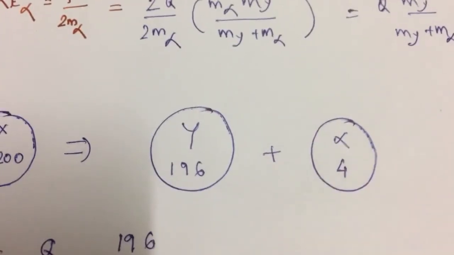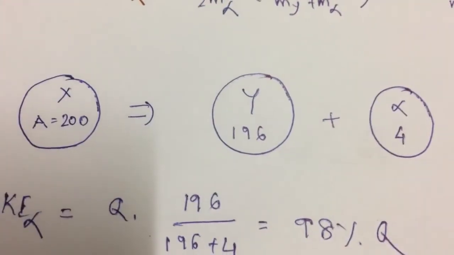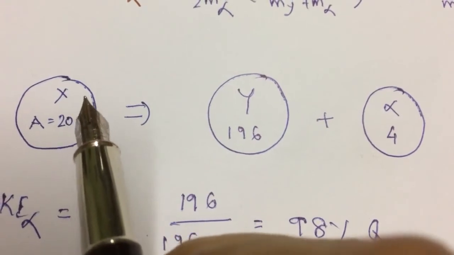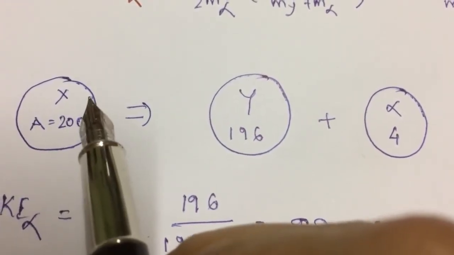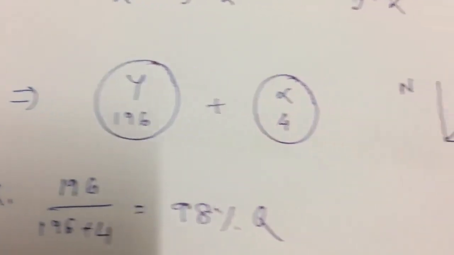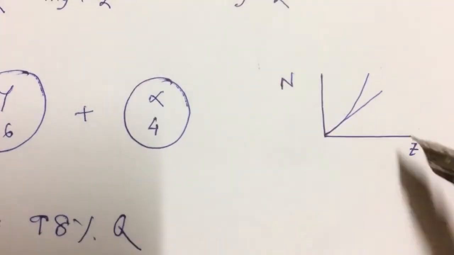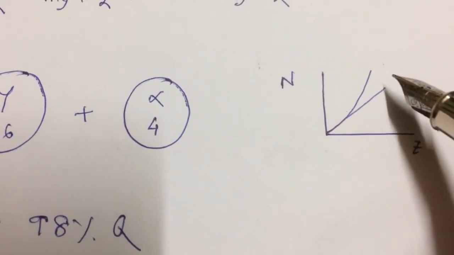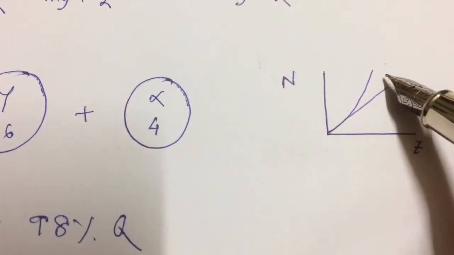Now let's take a bigger nucleus X with A equal to 200, at the high end of the stability plot.